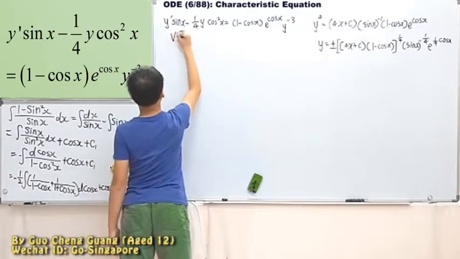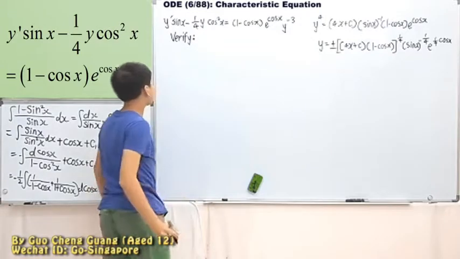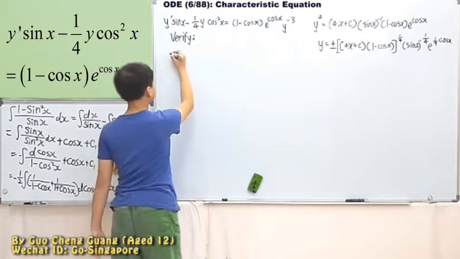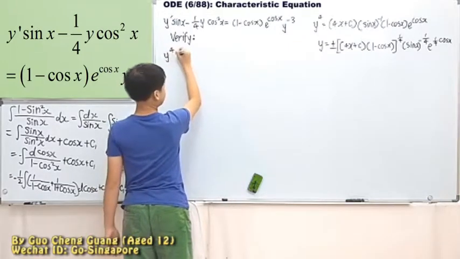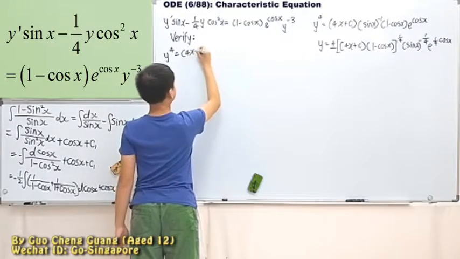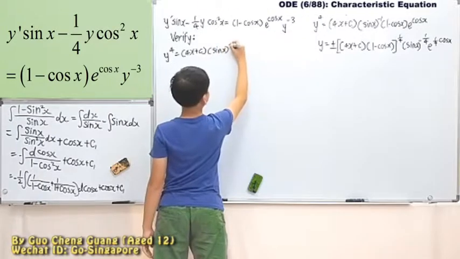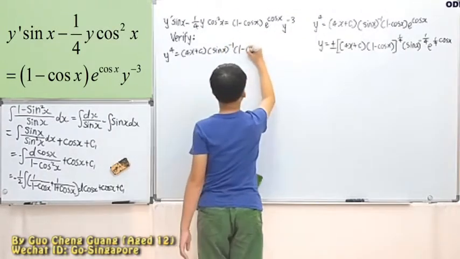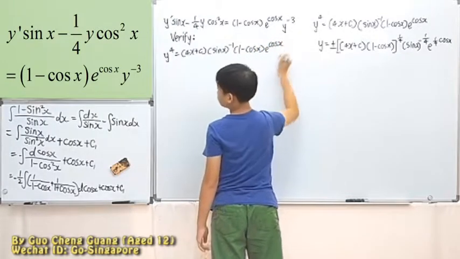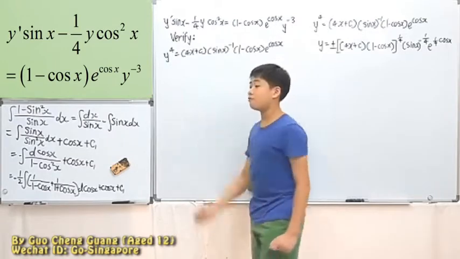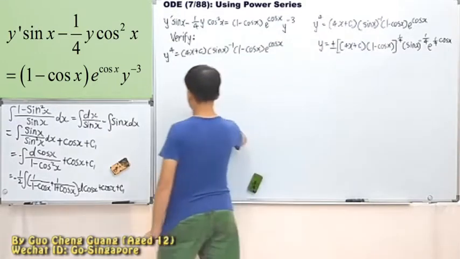Okay, so here is our verification. So verify this right now. So what we're going to use is this part. Well, let me just write down again in case we look at the whole thing. Okay, this is what we get. So when we verify, we differentiate on both sides. Okay, let's start differentiating.